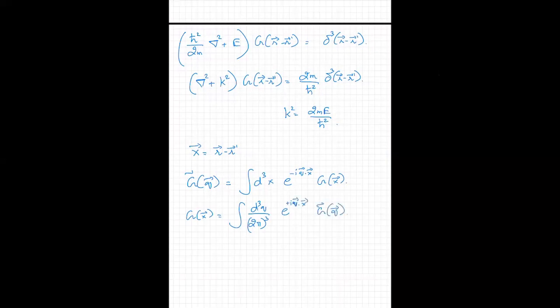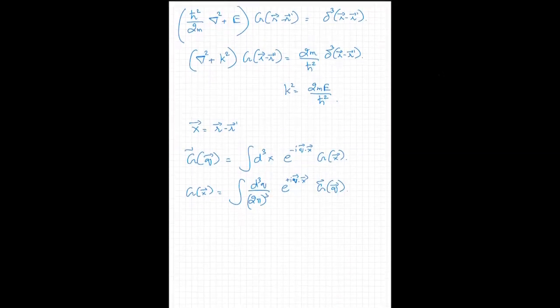I will write everything in terms of the Fourier transform. Remember that delta cube also has a representation with a plus i q dot x. Let me call these equation 1, equation 2, and equation 3, and let me call this equation A.